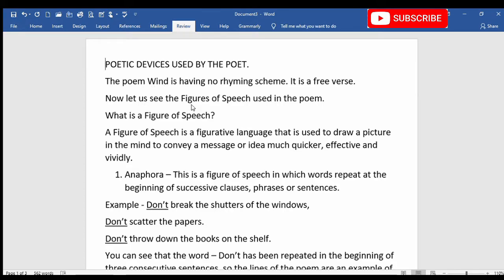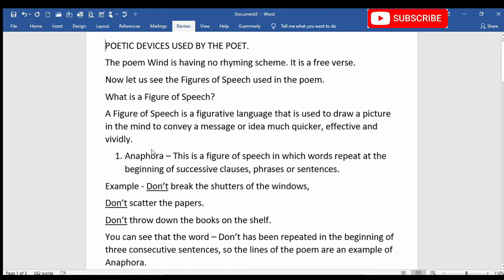Now, let us see the figures of speech used in the poem. What is a figure of speech? A figure of speech is figurative language that is used to draw a picture in the mind to convey a message or idea much quicker, more effectively and vividly.